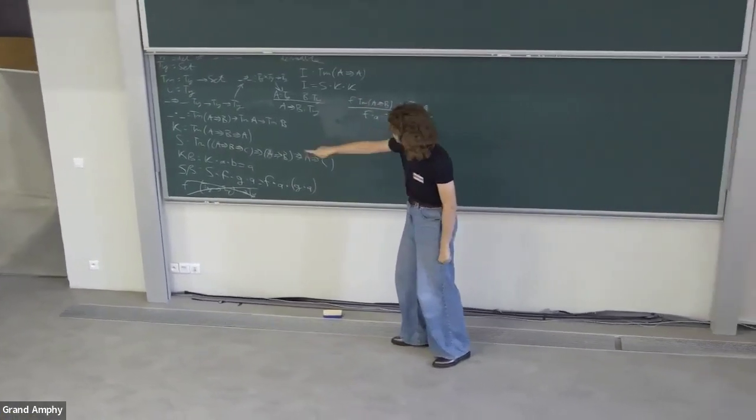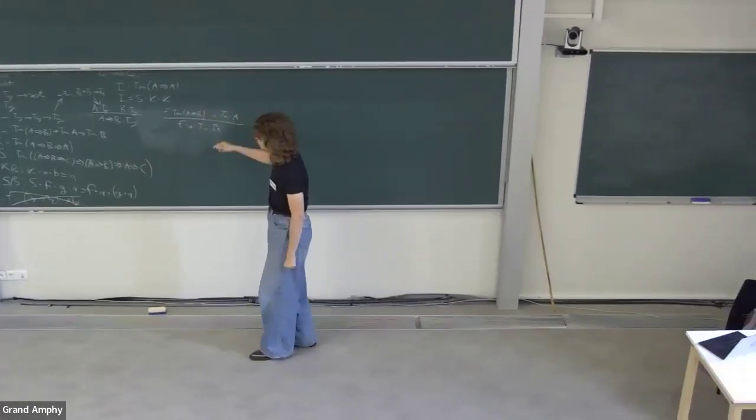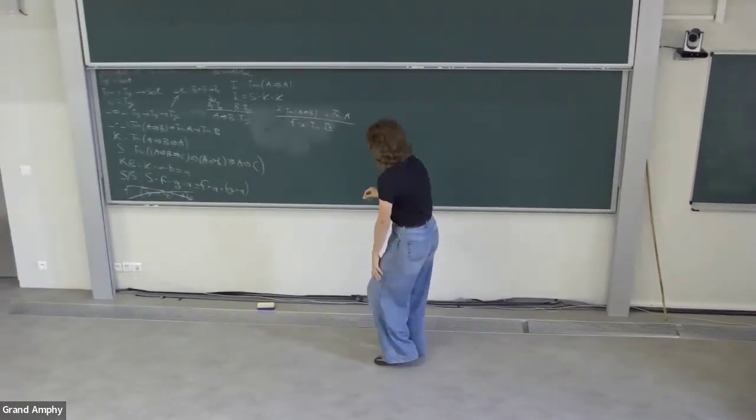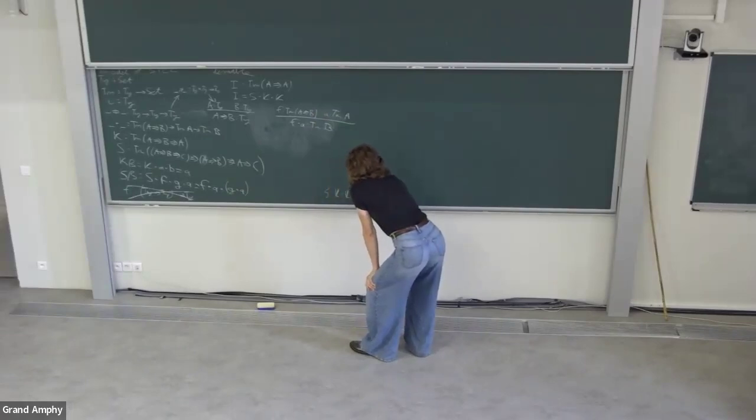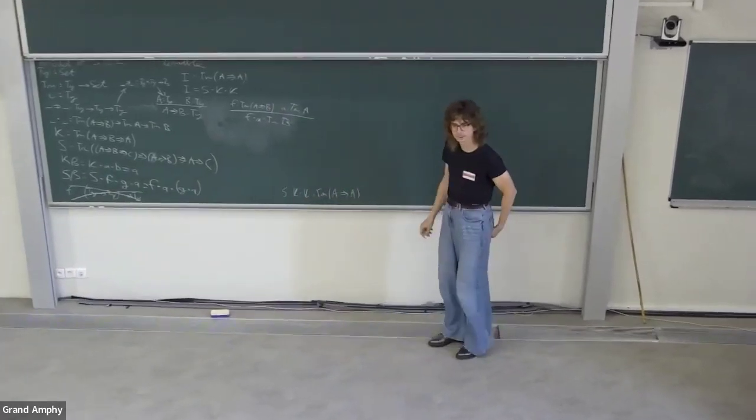If we rewrite all of this using this notation, so let's just see. If I want to say SKK, I want to show that this is a term of type A arrow A, right?